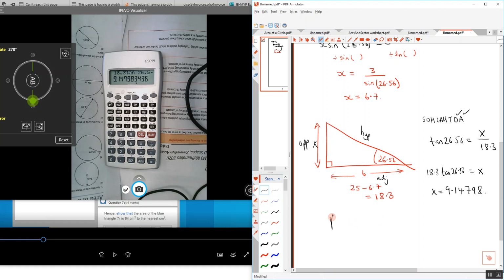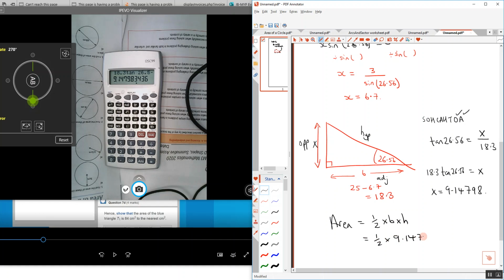And then how do you work out the area of a triangle? Length times width divided by 2. Yeah, or half times base times height. We tend to use base and height for triangles.